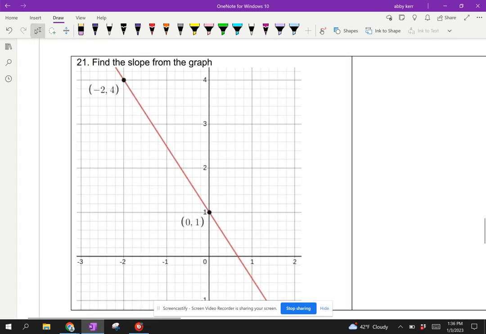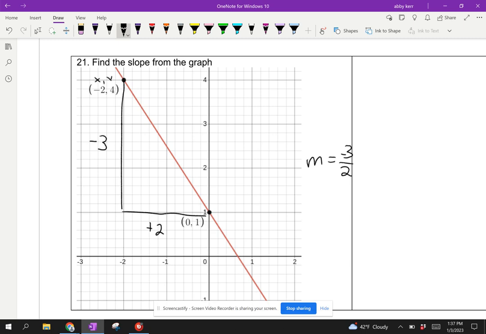And then our last question, it says find the slope from this graph. Now you could technically do rise over run. So I'm going down 1, 2, 3, which is negative 3, and then 1, 2 to the right. So then you would remember m is negative 3 over 2 because it's rise over run.